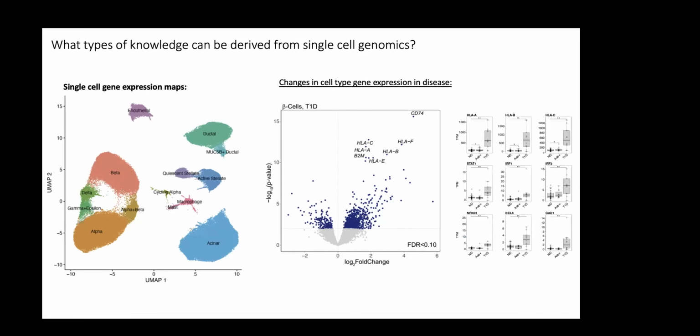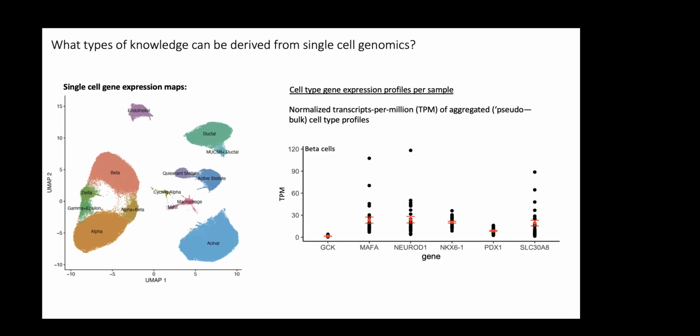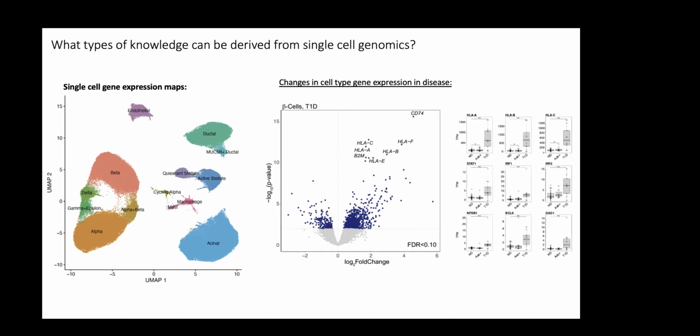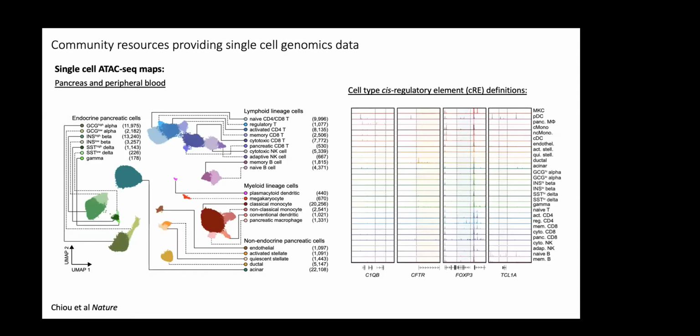So that's what we can derive from gene expression maps: levels of expression in cell types, and changes in cell type expression in disease. From chromatin maps, probably the key thing that's derived is, once you have the clusters and the cell type identity, deriving the location of candidate cis-regulatory elements for each cell type.